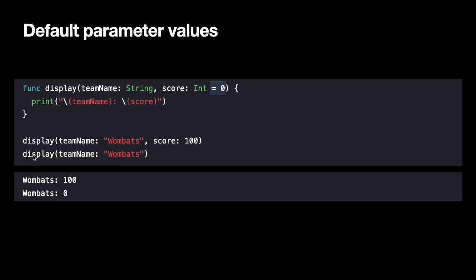Thanks to that, we could call our function in two different ways. We could specify both parameters, including a score, or we could skip the score. When you have a default parameter, it is generally recommended to include the default parameters near the end.